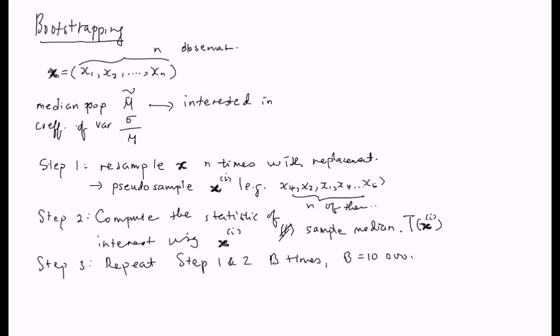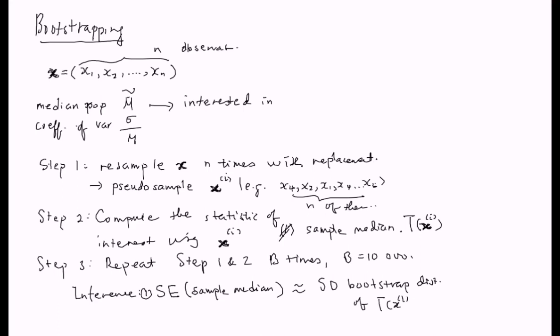So in this case, how do you make the inference, right? Now, first thing is the standard error of your sample median, which you cannot find using any formula except for the asymptotic case, which we'll look at later, is approximately equal to the standard deviation of the bootstrap distribution of t of x i, where i is 1, 2, until B, right?